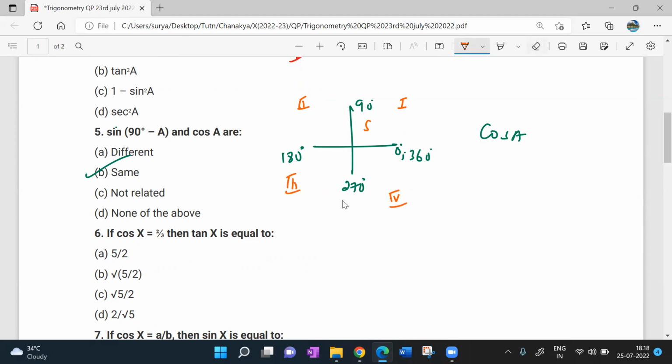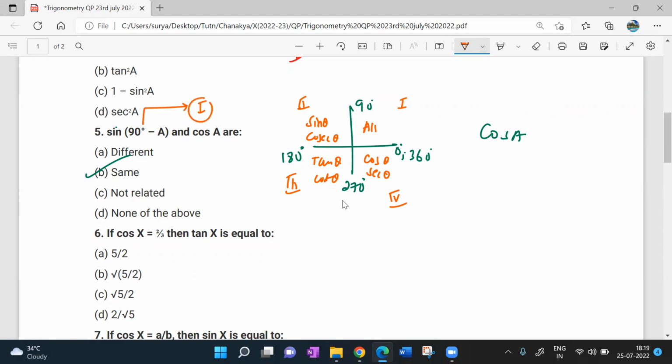Here in the first quadrant, all functions will be positive. In the second quadrant, sin theta and its reciprocal, cosec theta, will be positive. Here, tan theta and cot theta will be positive, and the remaining will be negative. Here, cos theta and sec theta will be positive, and the remaining will be negative. So 90 minus theta is nothing but what?